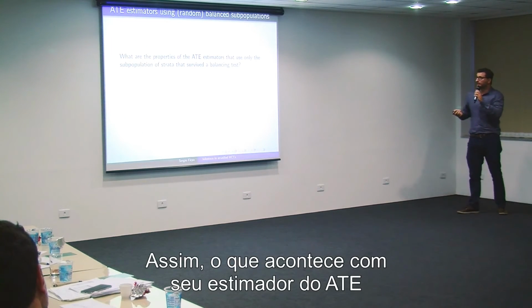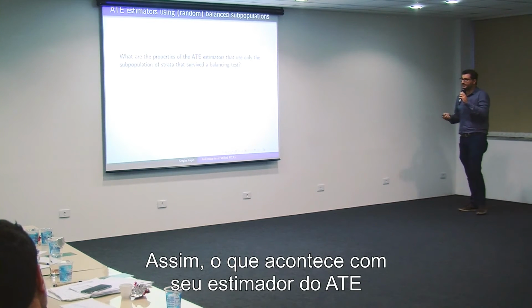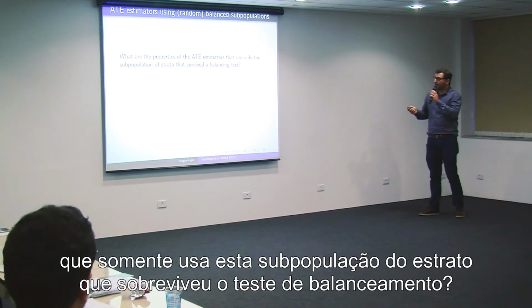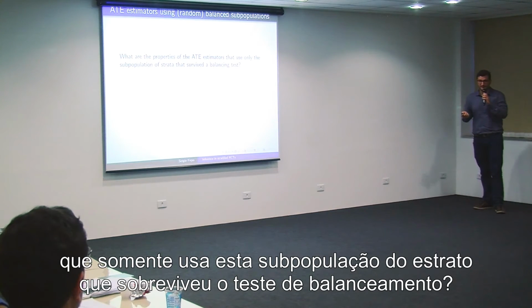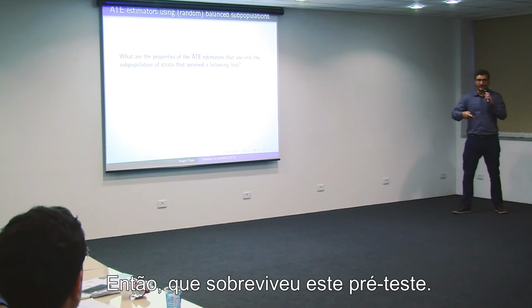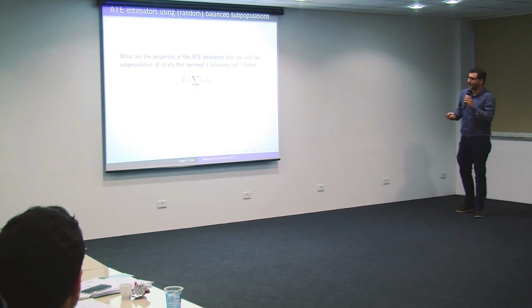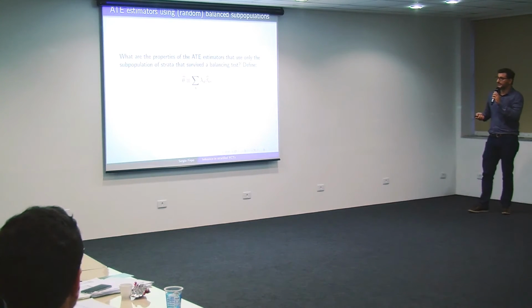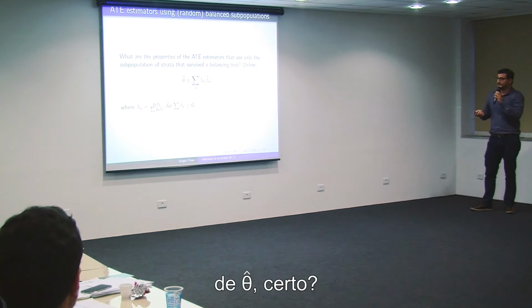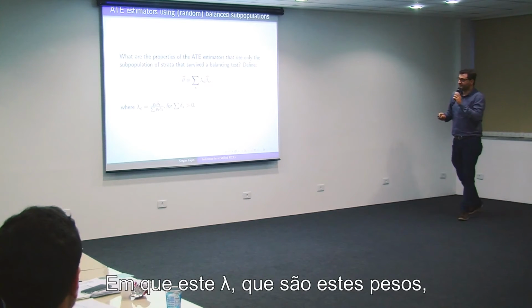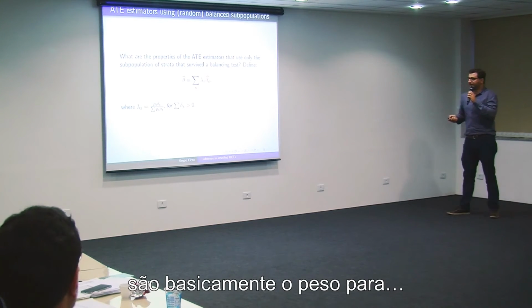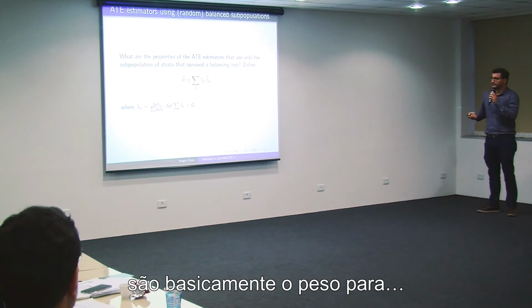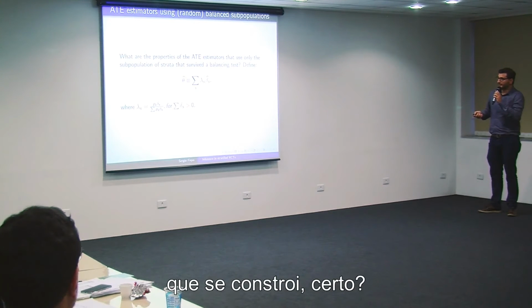So what happens with your AT estimator that only uses the subpopulation of the strata that survive a balance test, that survive this pre-testing? Let's call it theta hat, where this lambda are the weights that you construct.